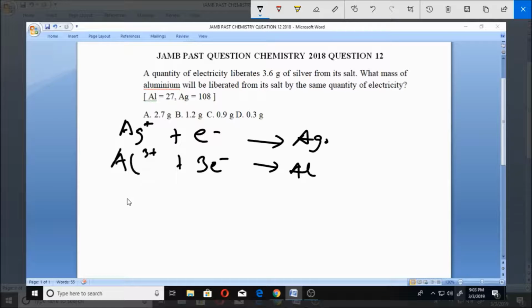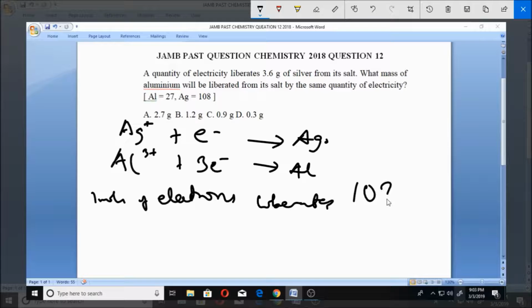So how do you go about solving this? For silver, 1 mole of electrons liberates 108 of silver. This is where we got the 108. So if 1 mole liberates 108, x moles will liberate 3.6.